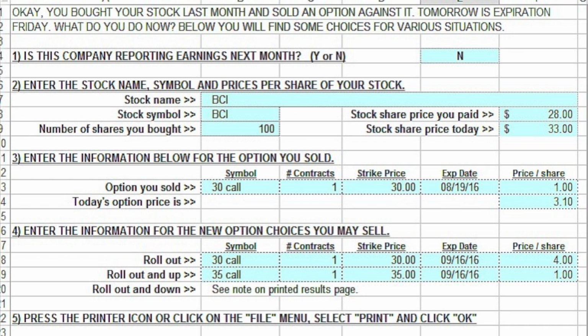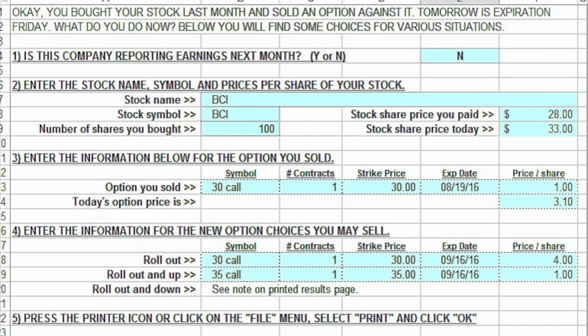Now, in the screenshot that you could see here, we're going to feed some information into the blue cells, which is the left side of the spreadsheet for the Ellman Calculator, and this will allow us then to calculate the statistics of rolling out and up. In this particular case, we have a hypothetical stock, company BCI.